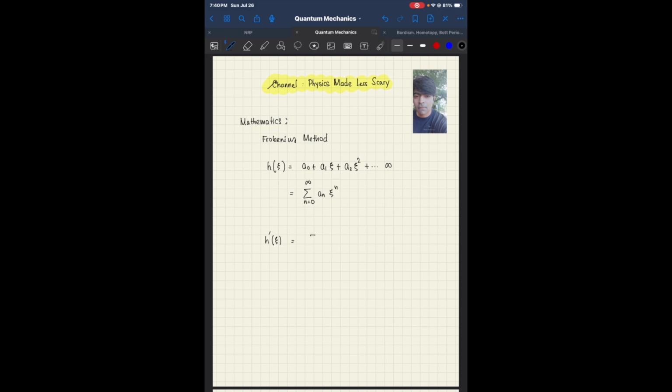This is simply n equal to 1, maybe, or maybe I can just keep it at 0, right? So n a n psi to the n minus 1, but that wouldn't make sense because you want it to start from n equal to 1, like psi equal to 0, right?